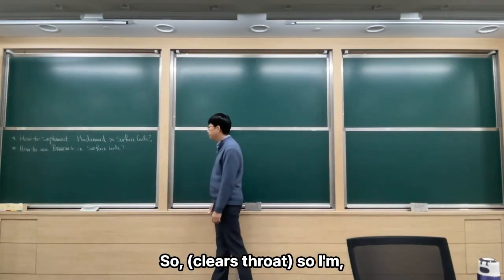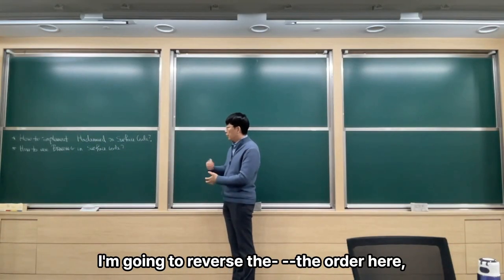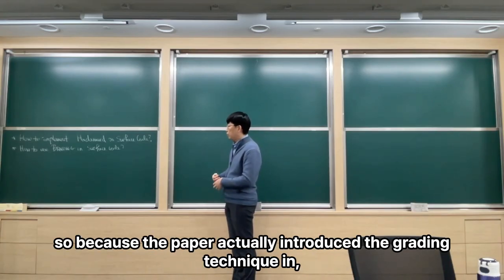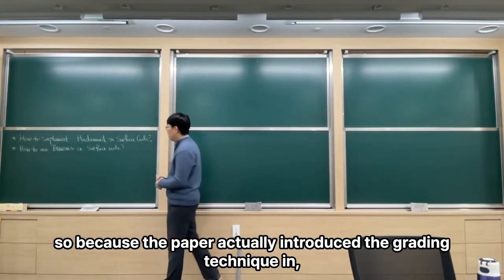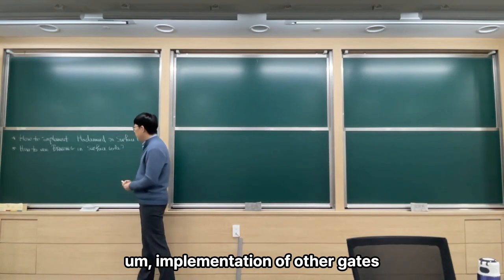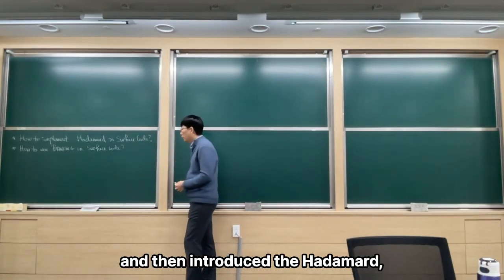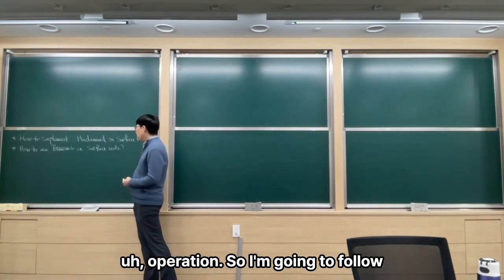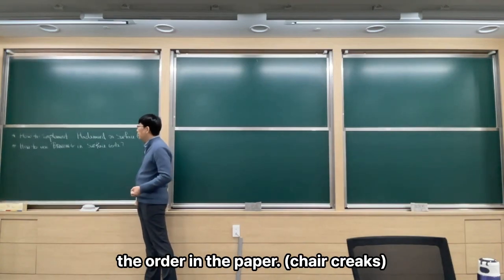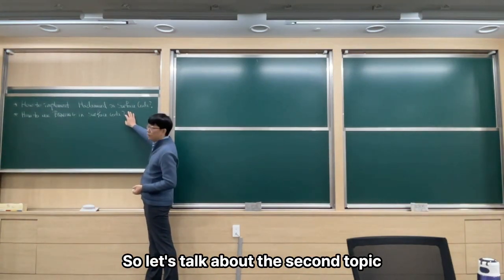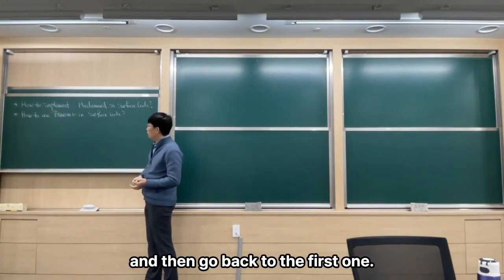So I'm going to reverse the order here, because the paper actually introduced the braiding technique in implementation of other gates, and then introduced the Hadamard operation. So I'm going to follow the order in the paper. So let's talk about the second topic and then go back to the first one.